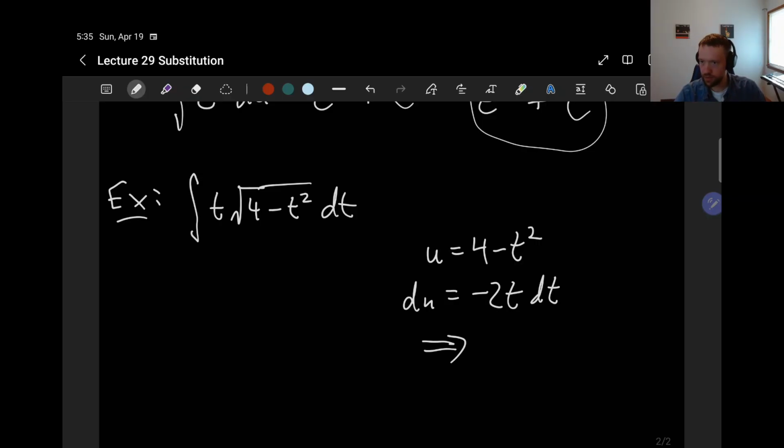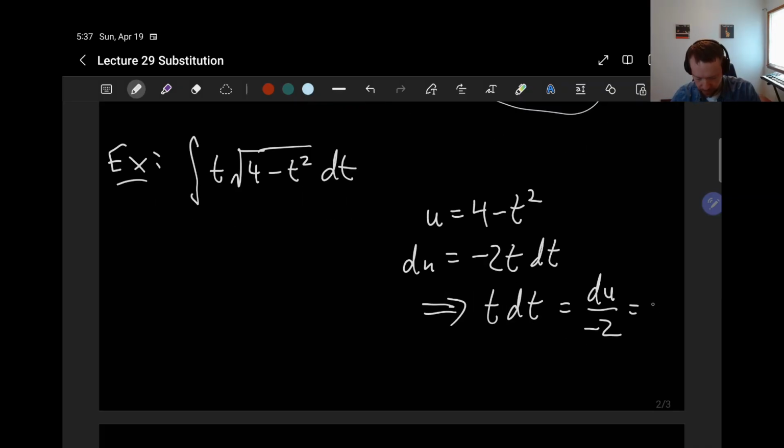What you want to do is solve for the part that you do have using algebra. So I have a t dt, means I want to solve for t dt. So I divide both sides by negative 2. So this will get substituted in place of t dt. And I would prefer to write this as negative 1/2 du.